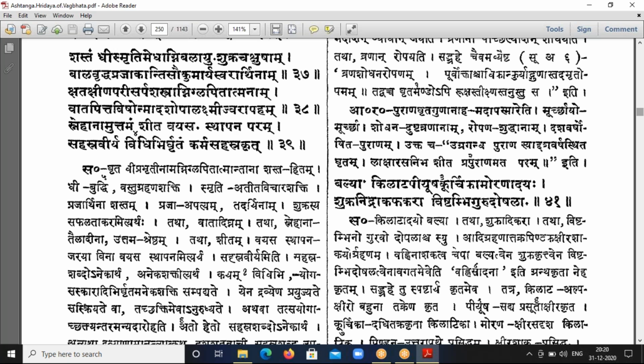Obviously, the cow's colostrum is a very highly expensive stuff. Many things are made out of it. Powdered colostrum.